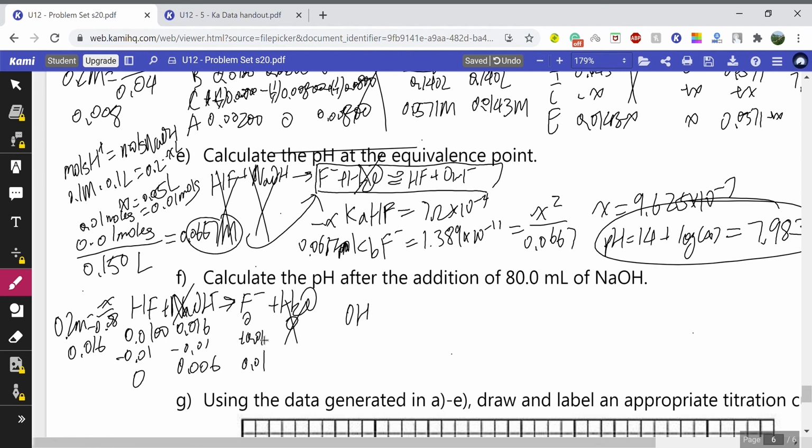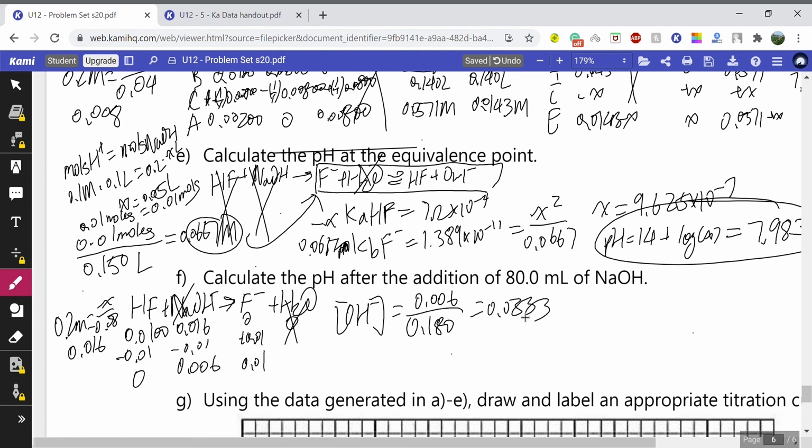So OH minus concentration is going to be moles divided by liters. How many liters do we have? It's going to be 0.180, because we have our original 100 milliliters plus the 80 milliliters. So 0.06 divided by 0.180 is going to give us 0.0333.